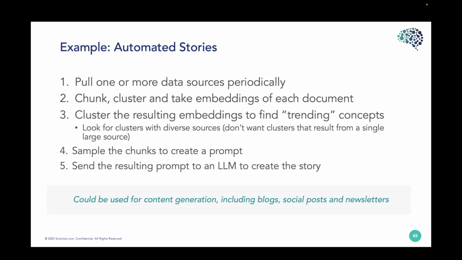You could feed the resulting text from the trending themes to an LLM and ask it for a draft of a newsletter or a blog post. And then when you got into work in the morning, you would have a couple of potential pieces of content that you would want to look over before using.